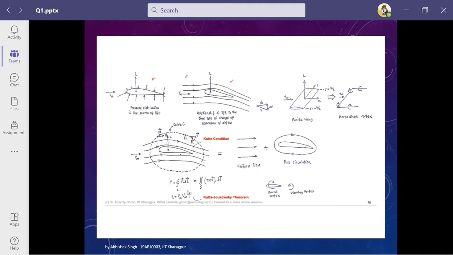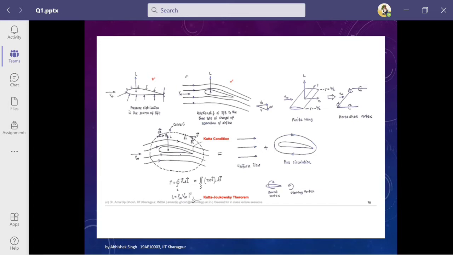Since the circulation is velocity times dl, and v infinity is also a velocity term, the question comes to mind: from this density and the two velocity terms, where the circulation is velocity times dl and is itself a velocity term, how are we getting forces?